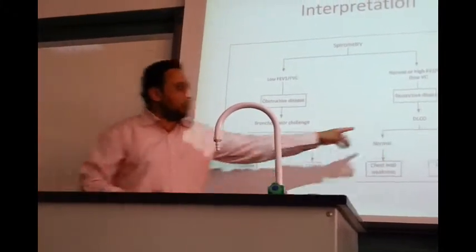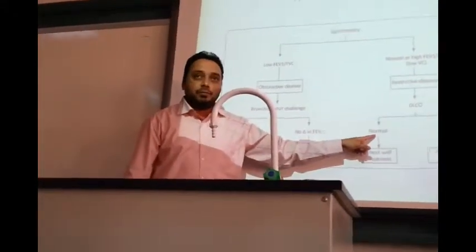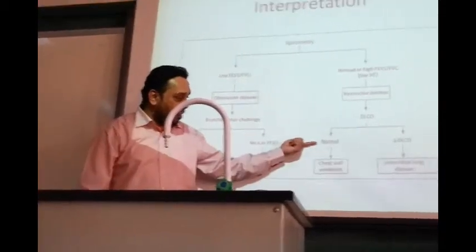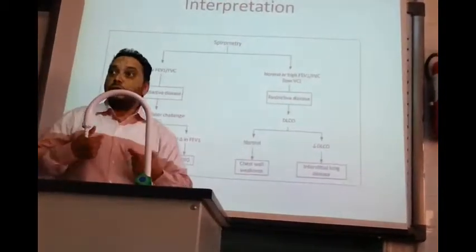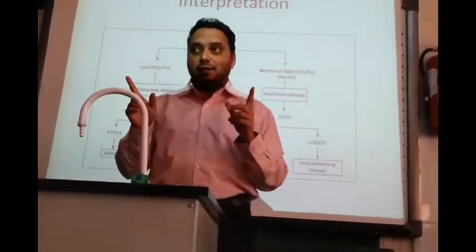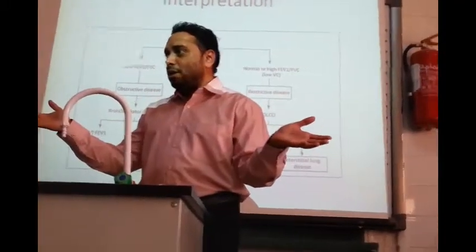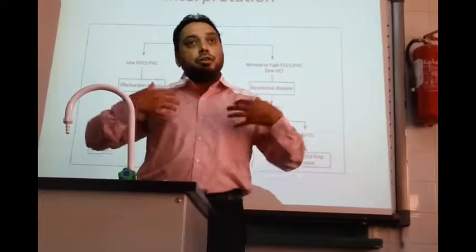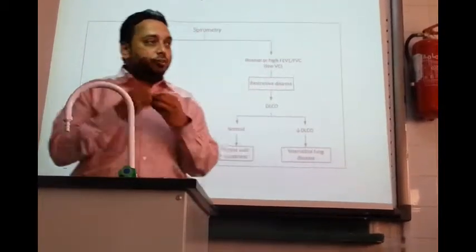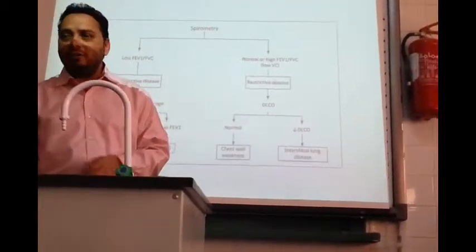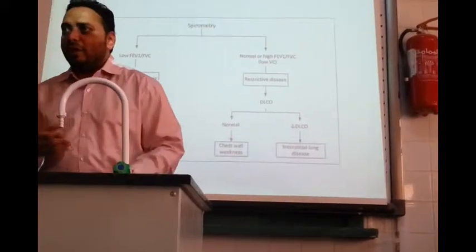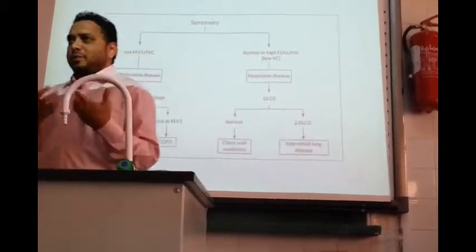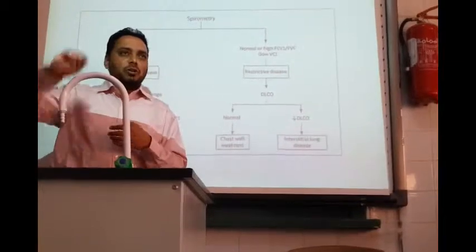Once you give that, if you find the diffusing capacity to be normal, that means there is nothing wrong inside the lung. So why is there a reduced volume? Because the chest wall itself is weak. There are various conditions, like polio, respiratory muscle paralysis, or organophosphorus poisoning.